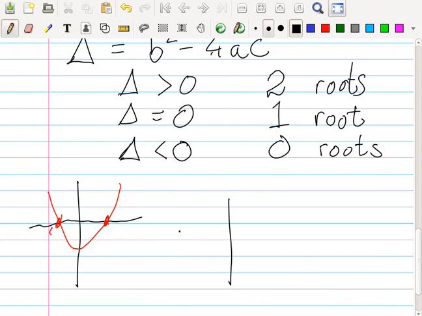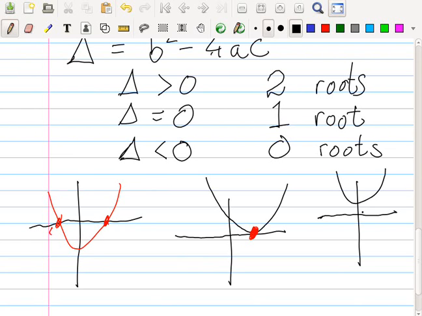Your one root would represent something like this maybe, and your one solution represents this one point here. And then lastly, no roots will be something like this, where there is no intersecting of the curve and the x-axis. So there you go, 2, which is the best case, 1, which is okay, and then here, the worst case, there's no solution.